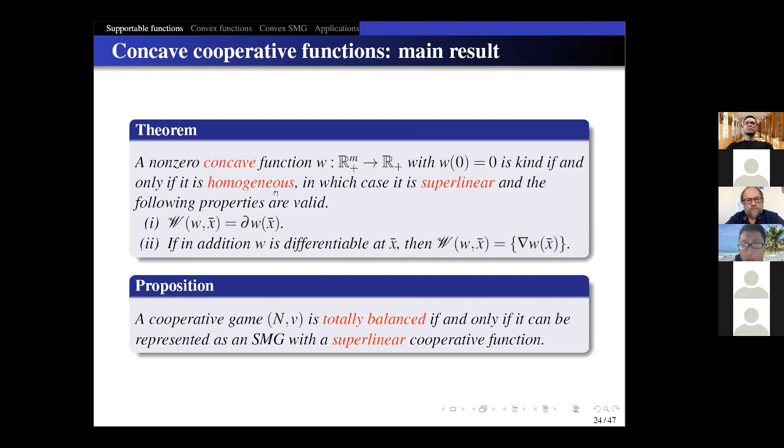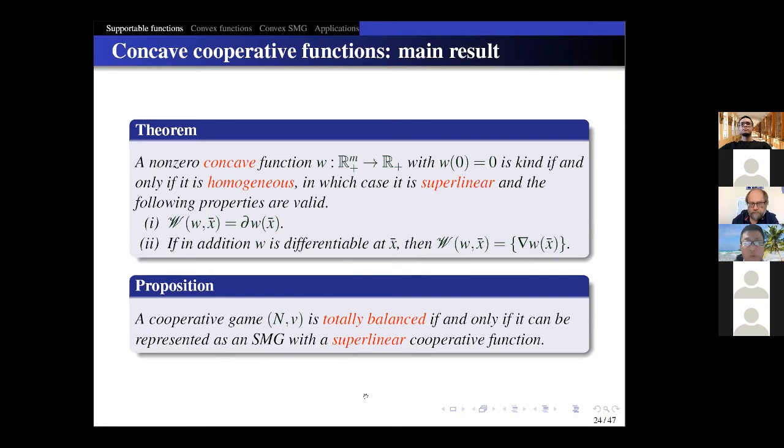It is very useful. So what do I mean by this? We can show that a cooperative game is totally balanced if and only if it can be represented as a superadditive market game with a cooperative function that belongs to this class. It is concave, it is superadditive, and it is homogeneous.